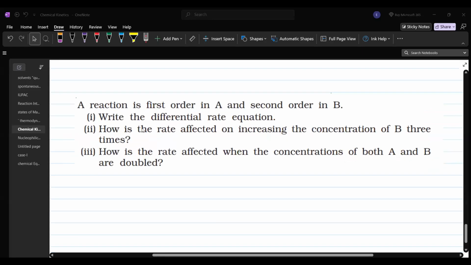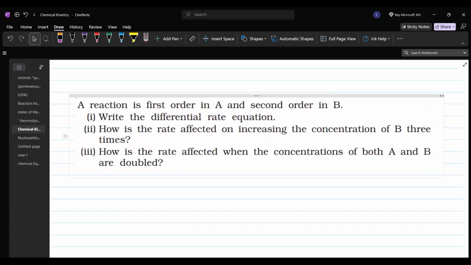I'm giving you a question from NCERT only. Try to solve this. We will solve it together. First, read out this question.